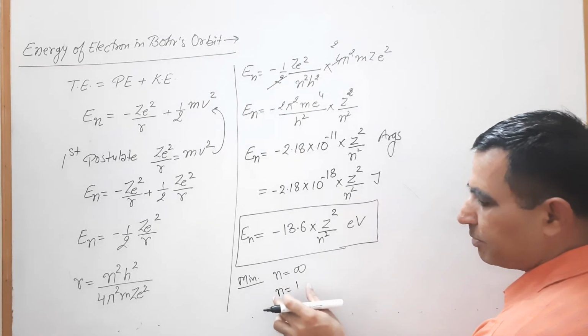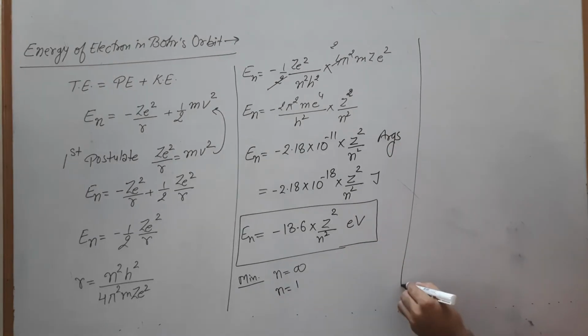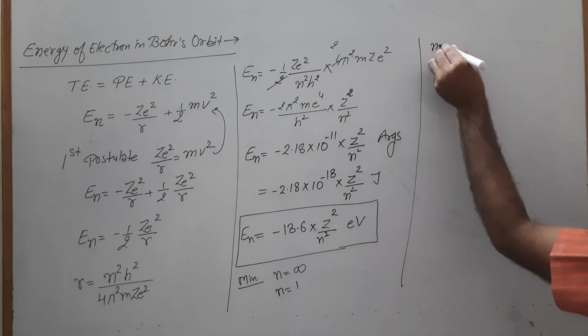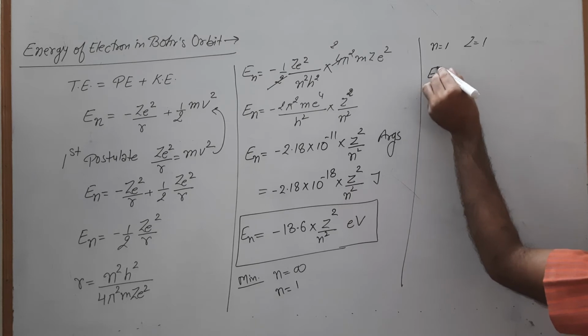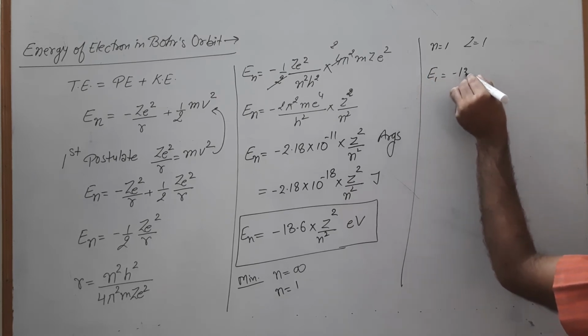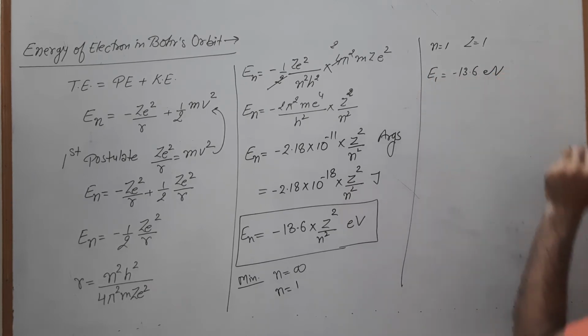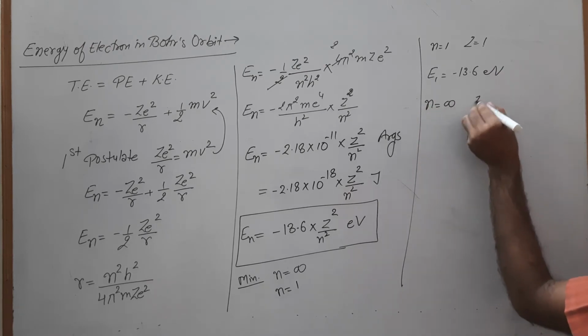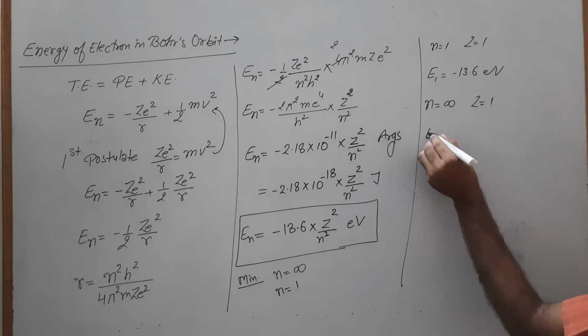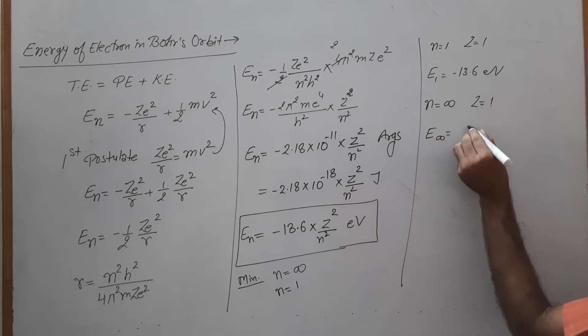For the hydrogen atom, n equals 1 and Z is also 1. So the value of E1 is equal to minus 13.6 electron volt. When the electron is present in the infinite orbit, the value of the energy is 0.